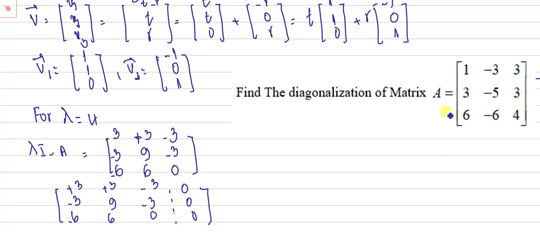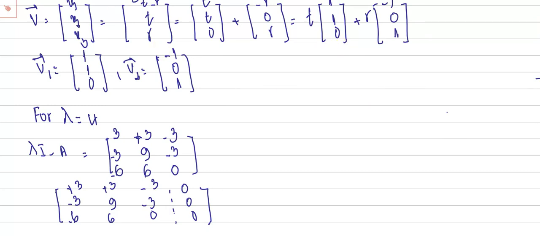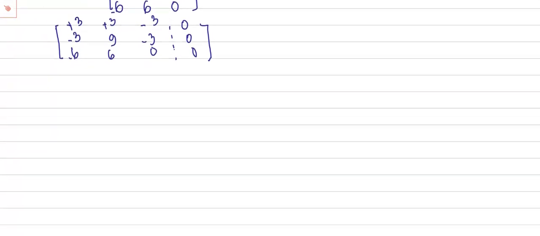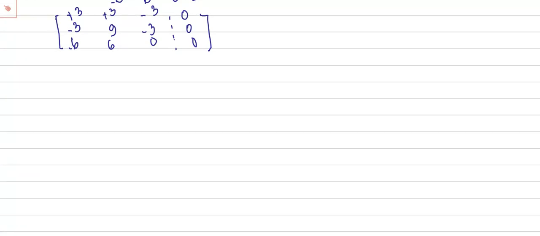So we just find the row operations. I just write R1. R1 is from R1, R2 plus R1 and R3 plus 2R1. So we get this one is 1, 1, minus 1.